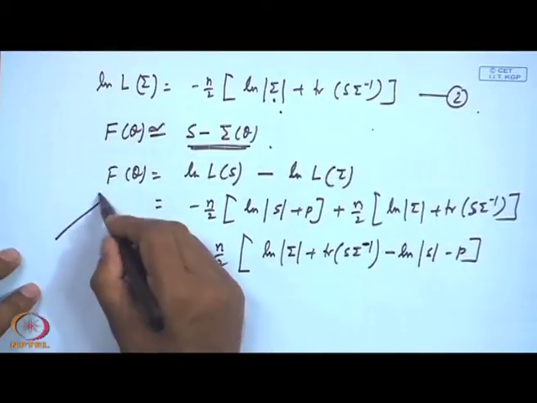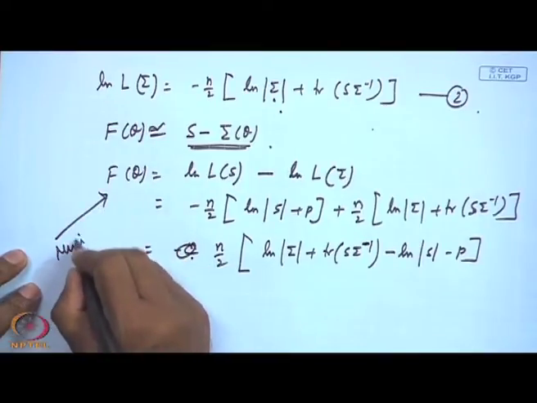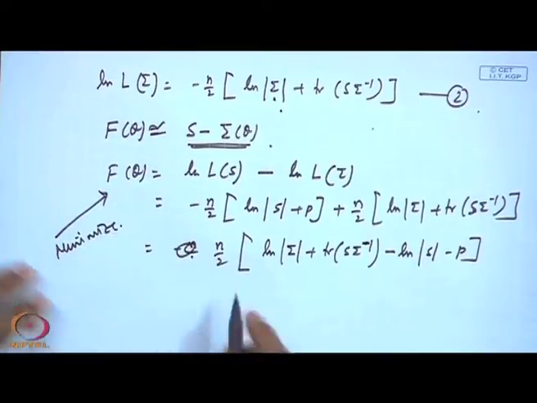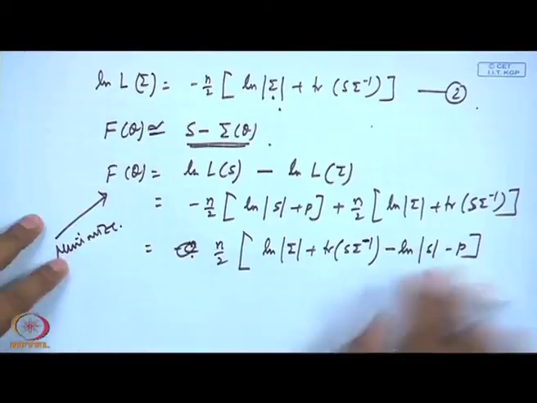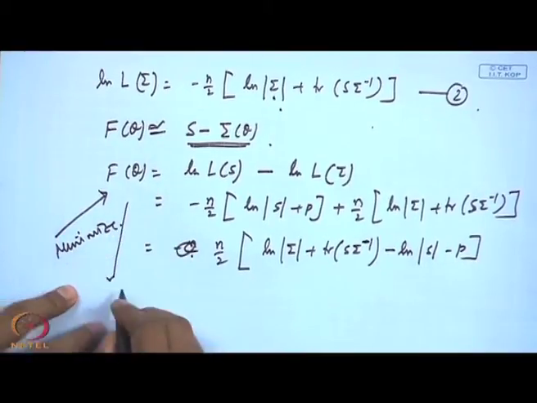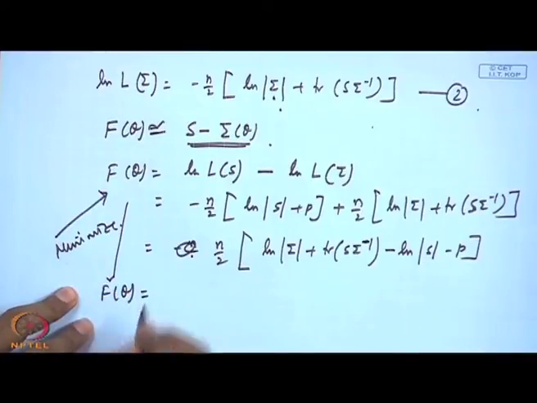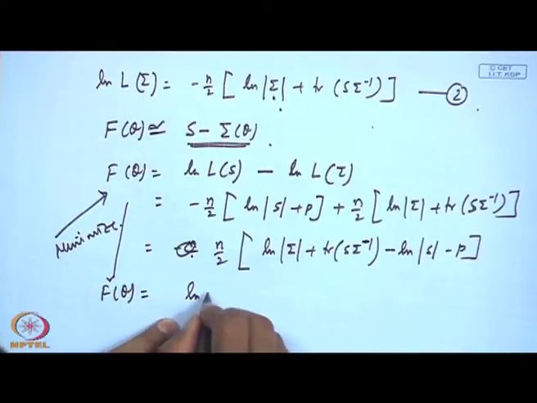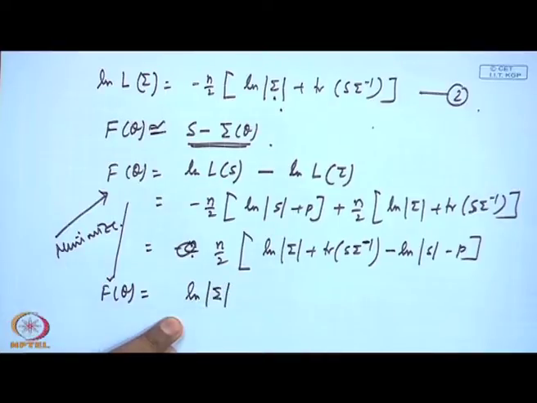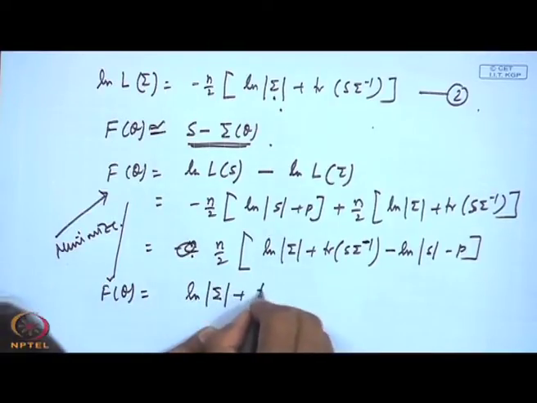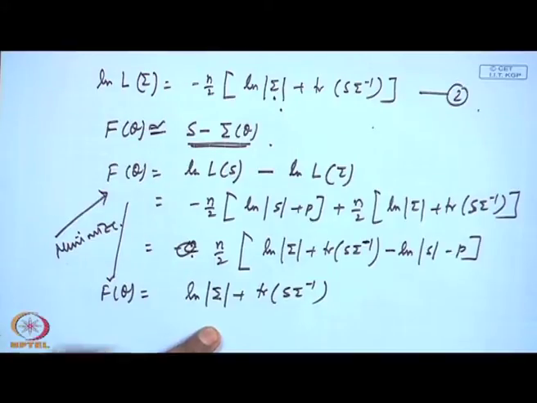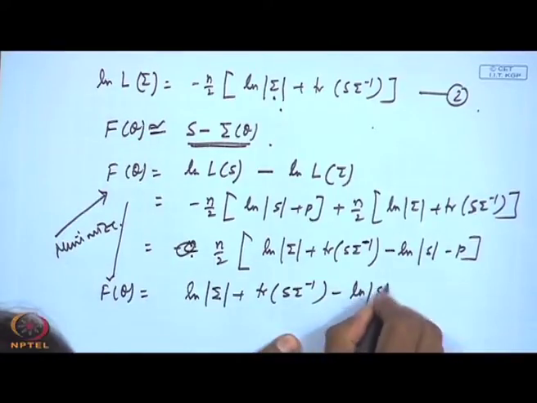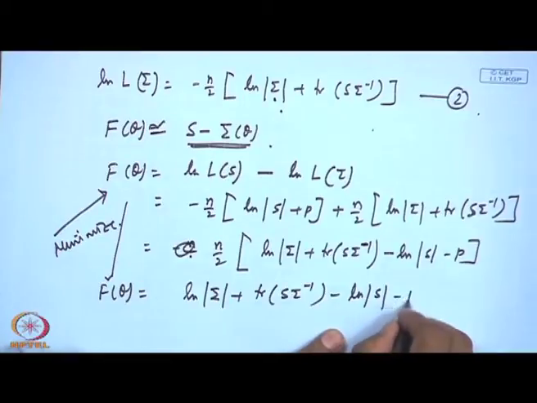We want to minimize this function. So, keeping this constant n by 2 again is of no use. The final equation for our estimation is log of determinant of sigma plus trace of S sigma inverse minus log of S minus p.